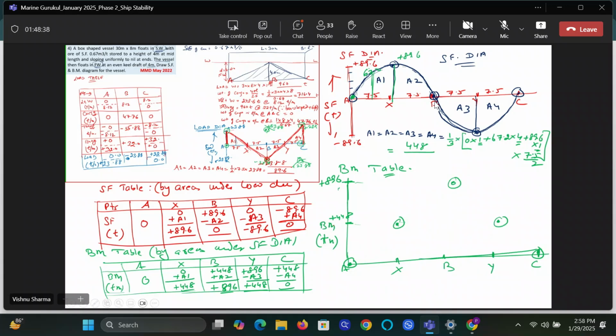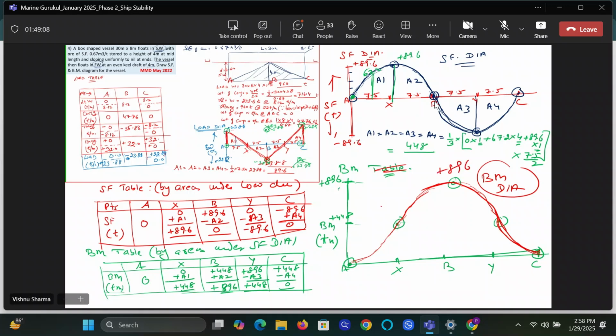First one will be from vertex to base, so it will be like this. Second one is base to vertex, so it will be initially peaking, steep like this, continuation of the steep, and then becoming horizontal at 0 here. And an exact mirror image of it on this side will complete your BM diagram. Have you understood, guys? Yes or no?